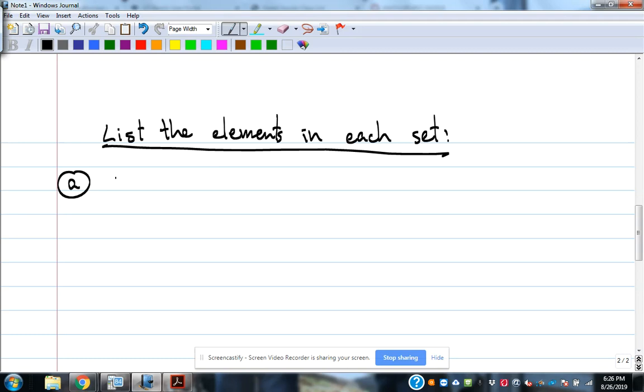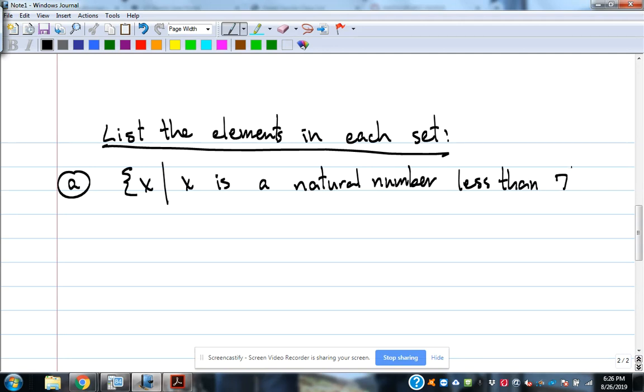The first problem is a set of x's such that x is a natural number less than 7. So we want to list out the numbers that are in that set. So we're going to write a set that's actually the numbers that fit that description.